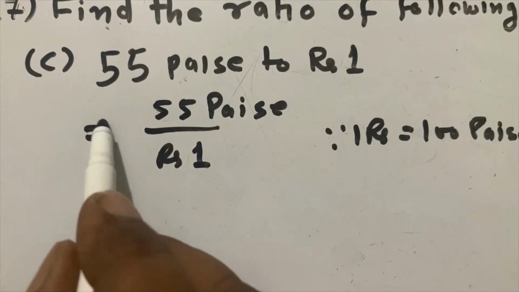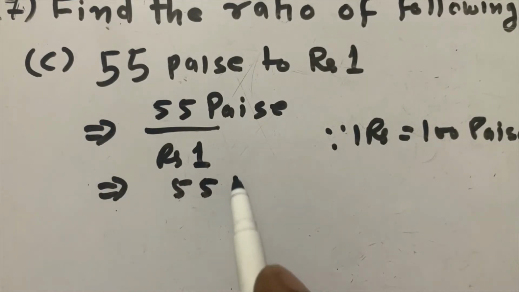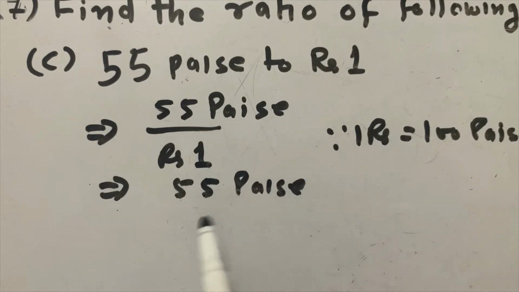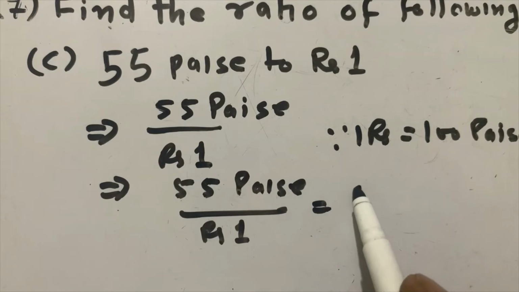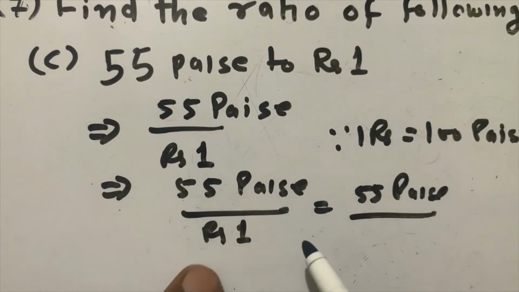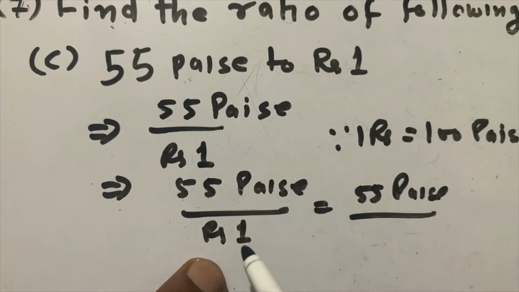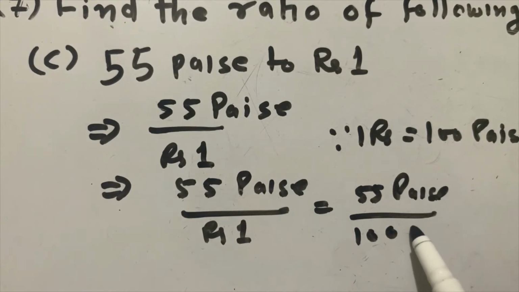Now 55 paise to ₹1. This rupee is converted to paise. So 1 rupee is 100 paise.